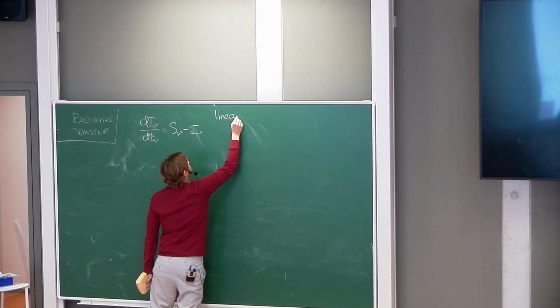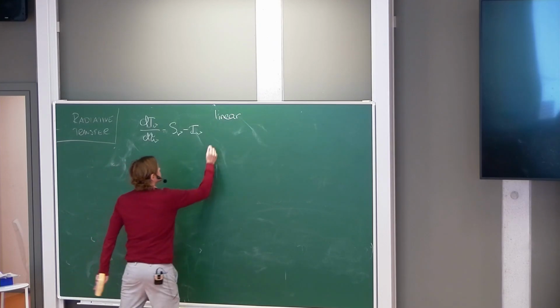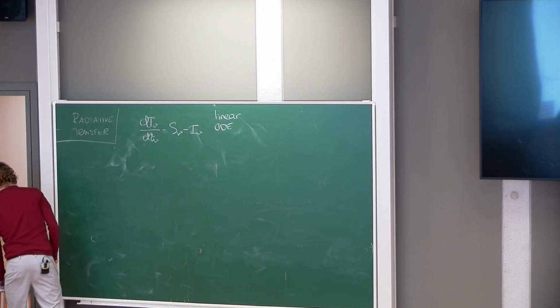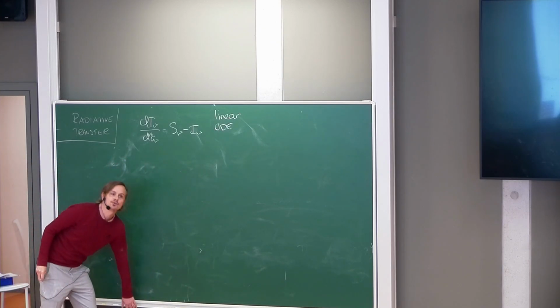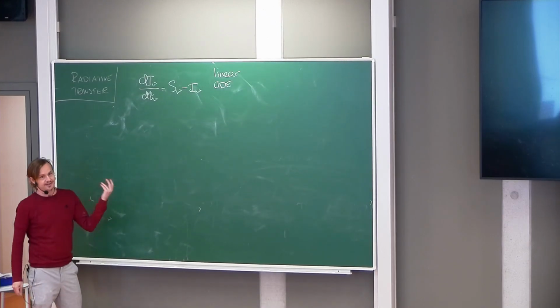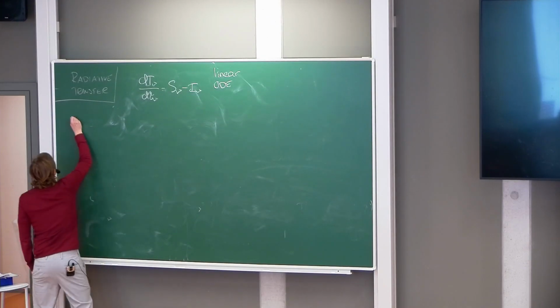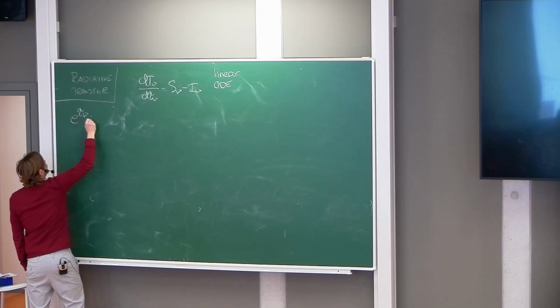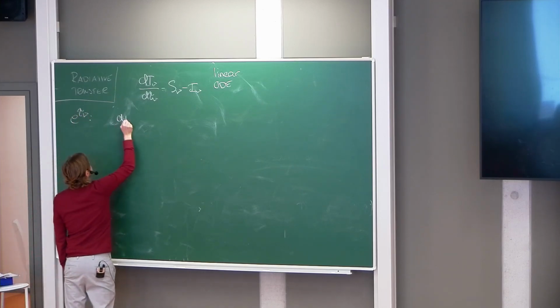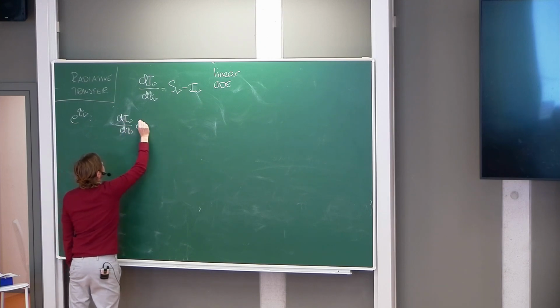in this form, the radiative transfer equation is a linear ODE, ordinary differential equation. So we're going to look in our Calculus A book and see how we can do that. Actually, we can do it with an integrating factor, which is e to the tau nu. Okay? So let's introduce that integrating factor into this.